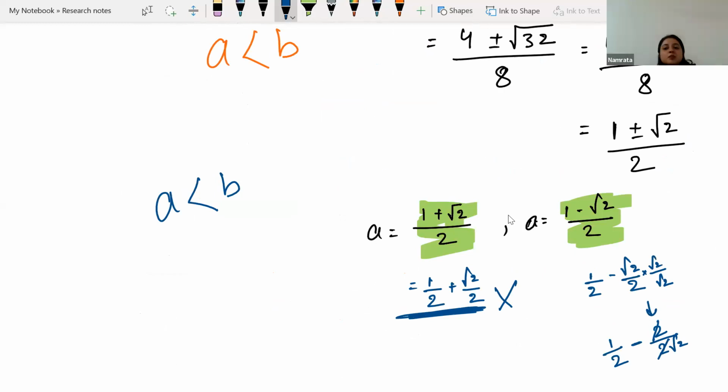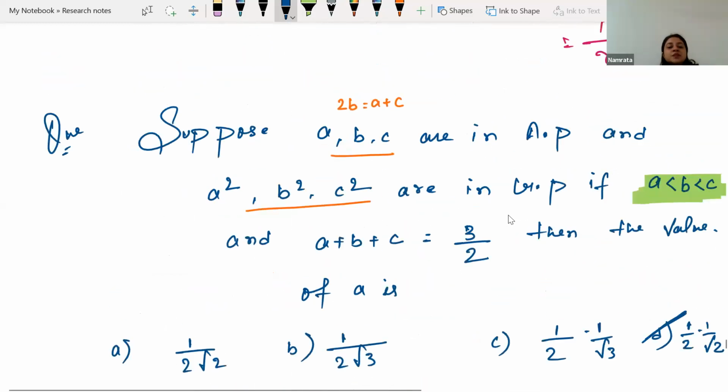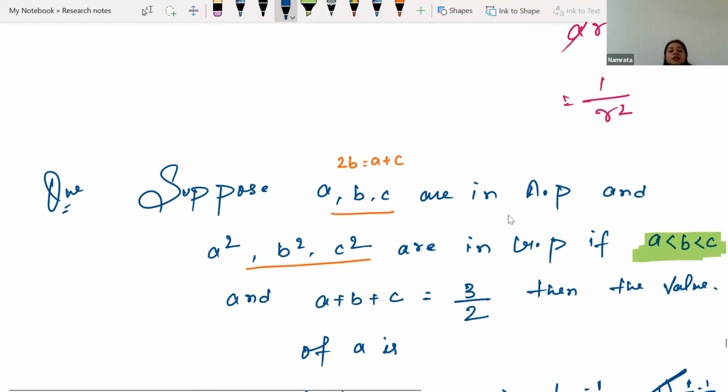Rightly. Let's summarize the whole thing. So suppose A, B, C are in AP and A square, B square, C square are in GP. And one more equation is given. We are writing one equation from the first case AP, the another equation from the second case GP, and the third equation is already given. Now everything we are just trying to solve and find the value of A. We ended up having few cases.